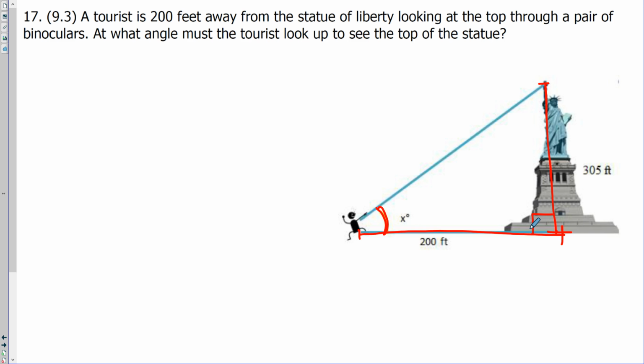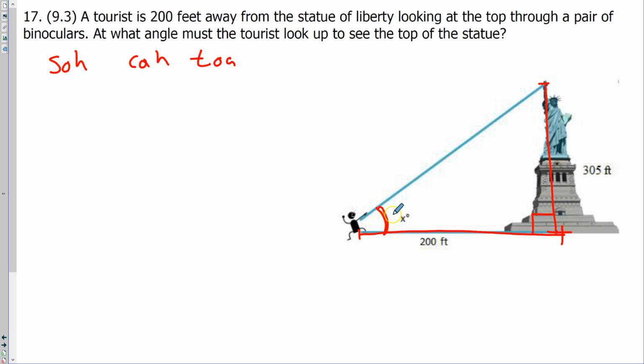So when you're relating angles and sides in a right triangle, that's your trigonometric ratios. Remember our 3 trigonometric ratios were sine, cosine, and tangent. And one way we could remember the setup was through SOHCAHTOA. So your sine of your angle is the opposite divided by hypotenuse, cosine is adjacent divided by hypotenuse, and tangent is opposite over adjacent. So to decide which of the 3 we need to use, we can label our triangle.